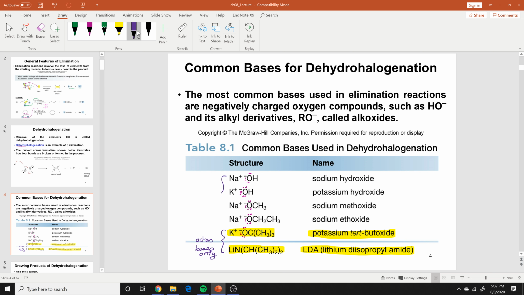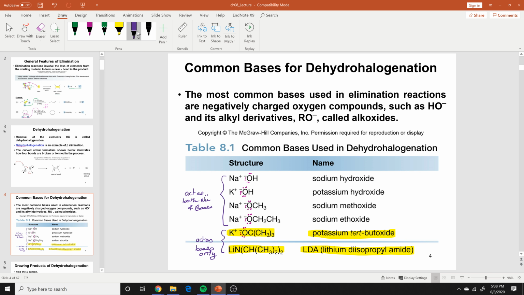With the others, since they are smaller bases, they act as both nucleophiles and bases. So whenever they are present, you have to consider them as nucleophiles, write their substitution product, and then consider them as bases and write their elimination product.